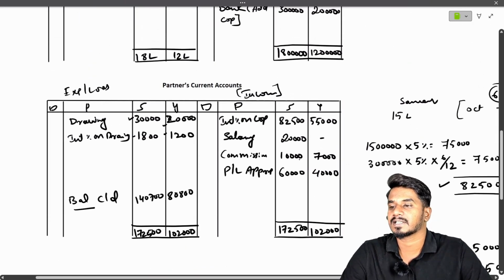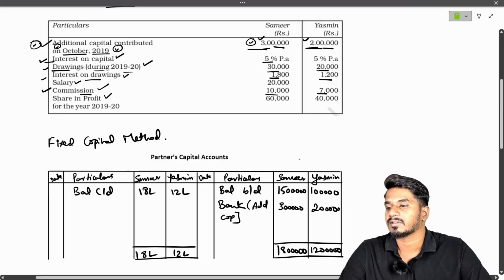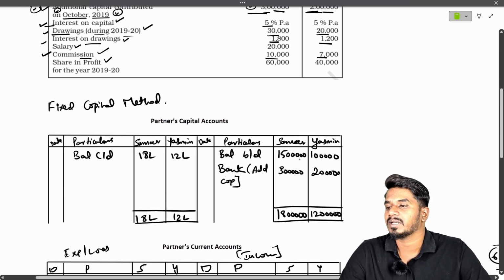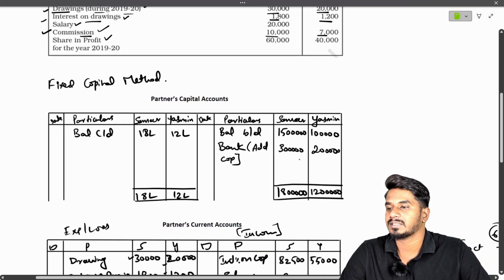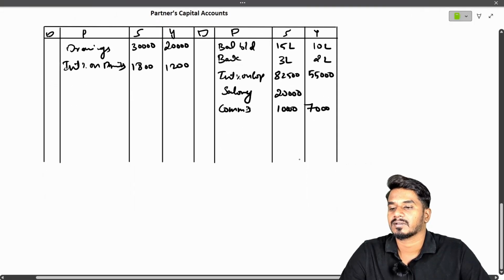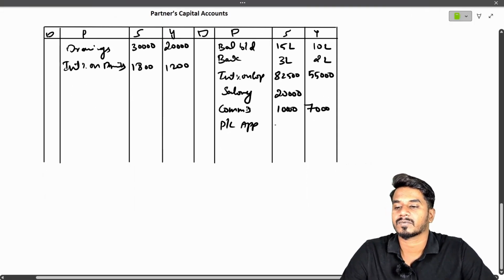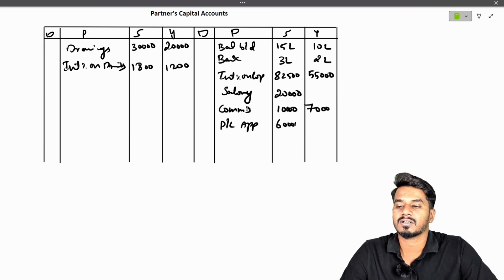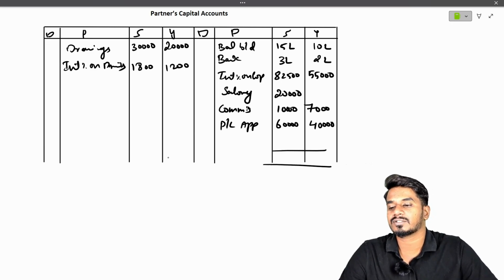Fine. Yes. The next, share in profits, that is the P&L appropriation account balance. What is the balance? 60,000 and 40,000. Right.